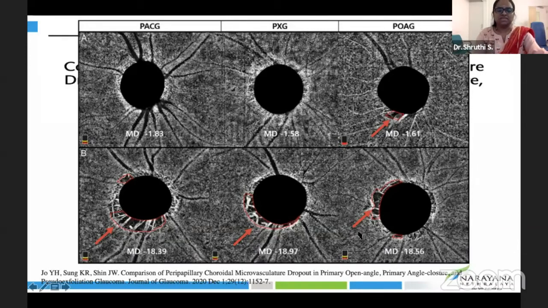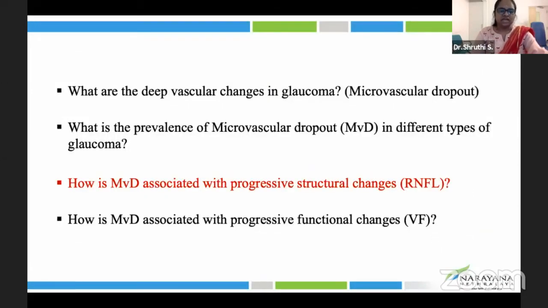That is, they are present in all types of glaucoma in moderate to severe disease. So finally we are coming to seeing how this novel biomarker, microvascular dropout, is associated with progressive structural changes.